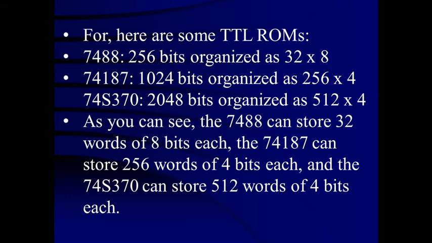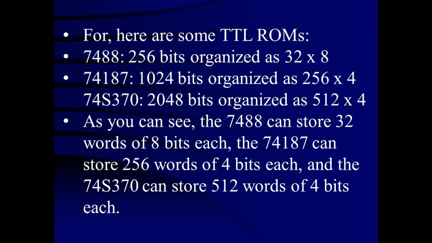That is, you can have a 5-input to 32-output decoder, or one-of-32 decoder, and each output is considered to be an address line, and there are 8 vertical lines. Instead of 4 vertical lines, here there will be 8 vertical lines. So your word length is going to be a byte.